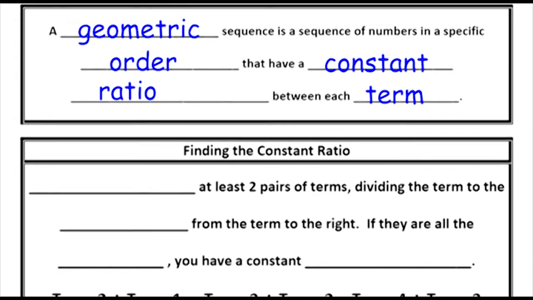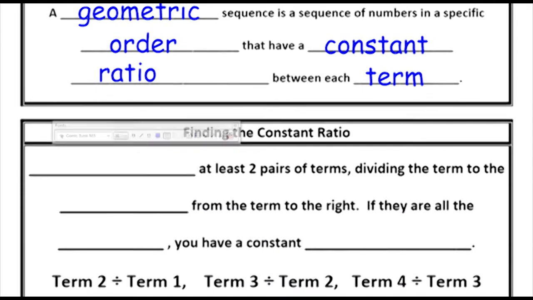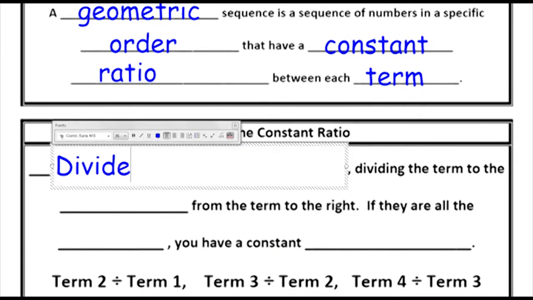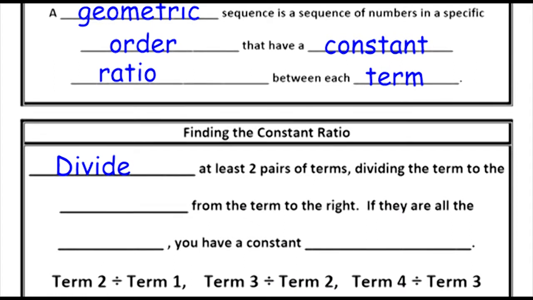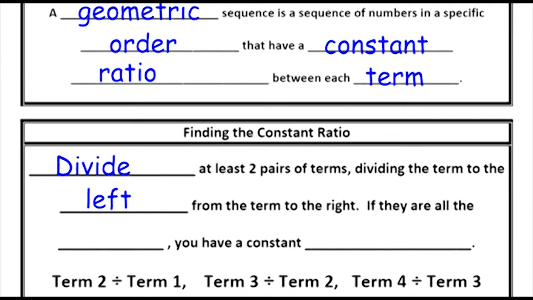So we divide at least two pairs of terms, dividing the term to the left from the term to the right. Again, just like subtraction, division has to have an order. If all of the ratios are the same, then you have a constant ratio.